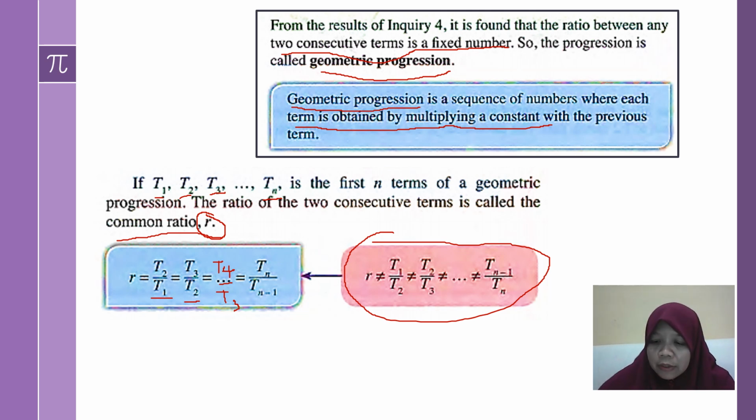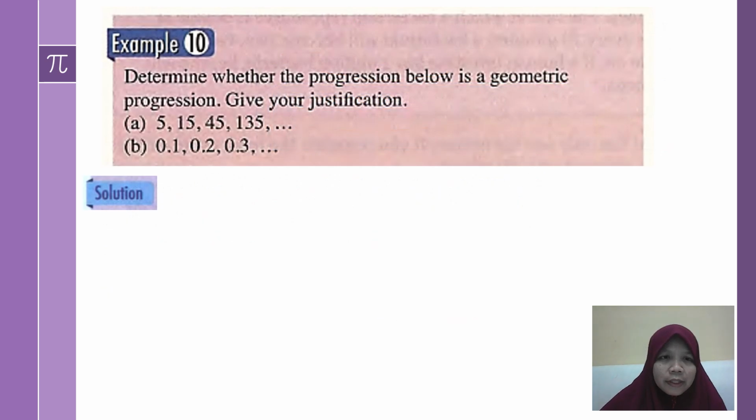Alright, look at example 10. I'll give you one example here. Determine whether the progression below is a geometric progression. How do we determine whether the given sequence of numbers is a geometric progression or not? And then give your justification.